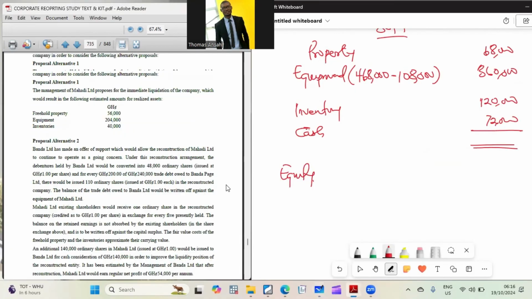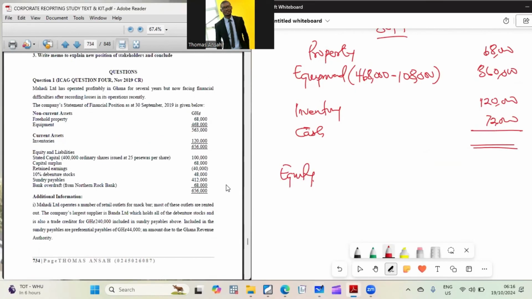So let's go upstairs. Equity side, we have stated capital. So what is the balance on our stated capital account? If it doesn't balance, you know. If it balances, you also know that you are correct.